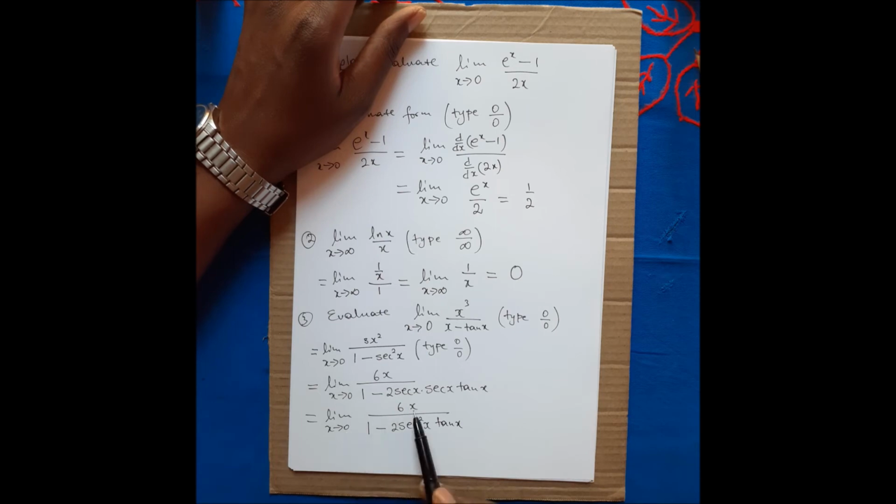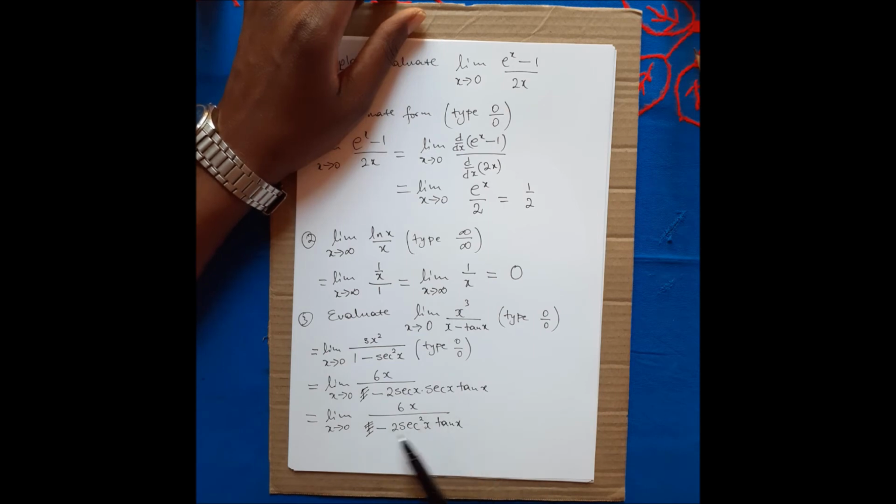Then when we substitute 0 here, we get 0 on the numerator. There's a mistake, because the derivative of 1 is 0, so this is not there.